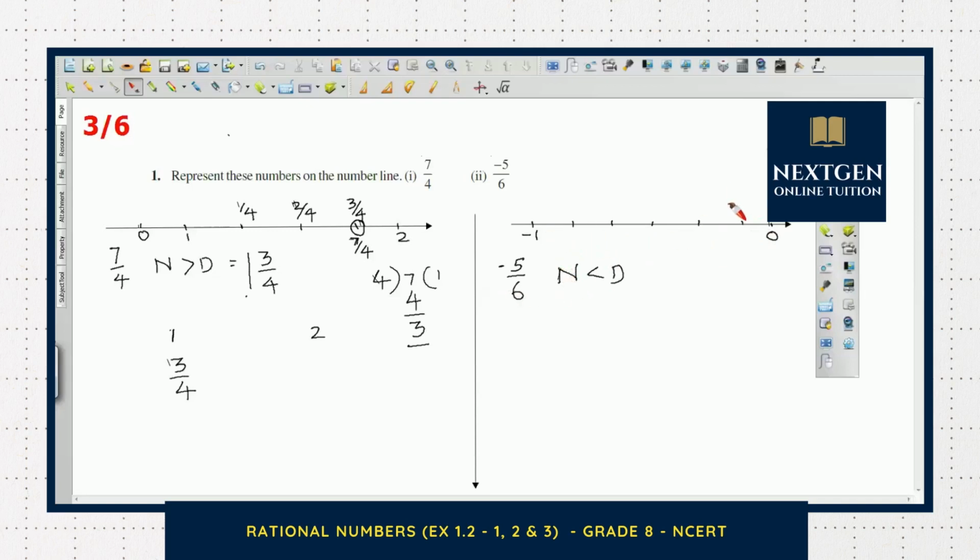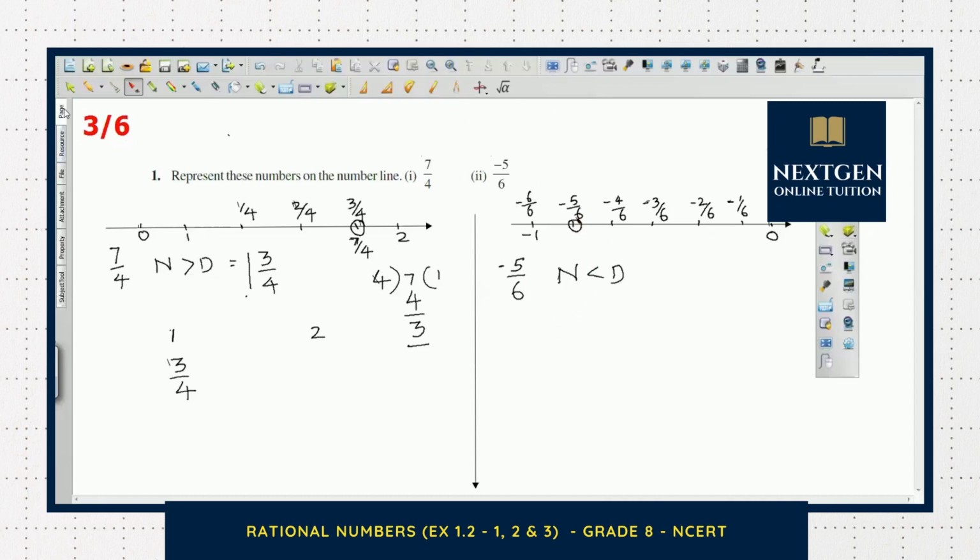And this is minus 1 by 6, minus 2 by 6, the second part, minus 3 by 6, minus 4 by 6, minus 5 by 6, minus 6 by 6, which is nothing but minus 1, which is already there. So our question, minus 5 by 6, is here. You can mark it and show.